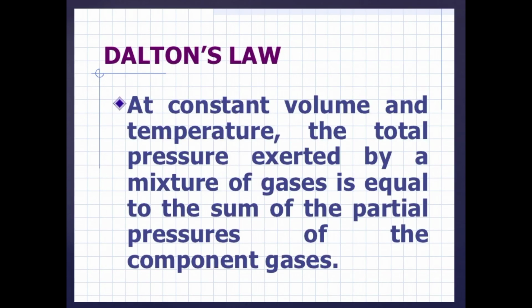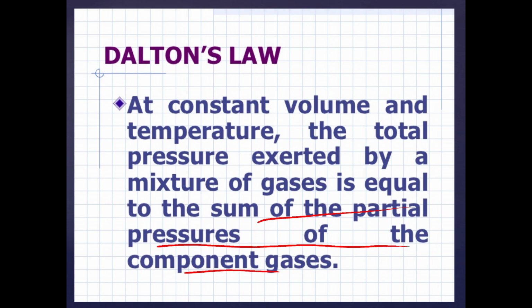Next one is Dalton's law of partial pressure. At constant volume and temperature, the total pressure exerted by a mixture of gases is equal to the sum of the partial pressures of the component gases. For example, if you take air, the air contains nitrogen, oxygen, carbon dioxide, etc. These are all gases.